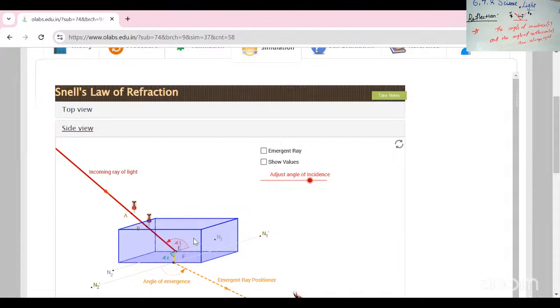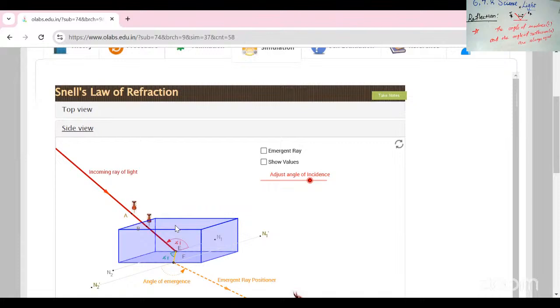Water is denser, air is the rarer medium. So when light travels from the denser to the rarer medium, it is definitely deviated. In that manner, we can see the bending portion of the pencil in the bowl, the pencil is bent in the water part.